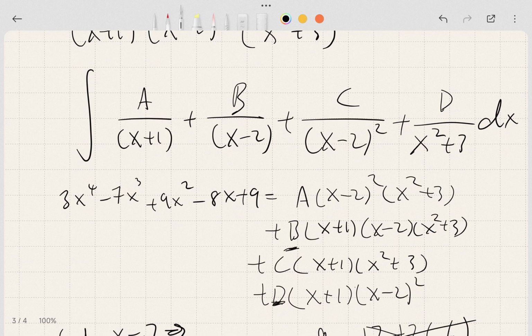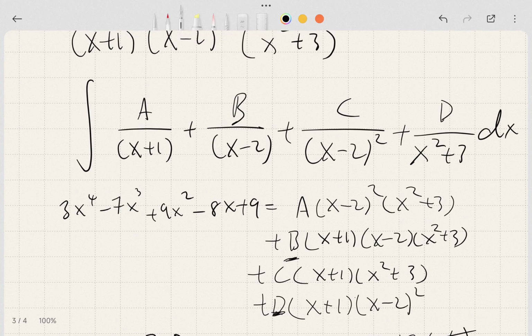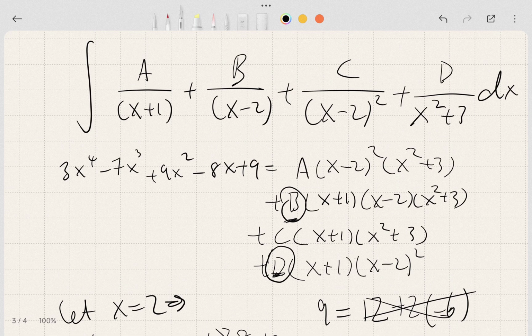We don't know them yet, and we can't assume that they are all the same. I have to solve what B and D are, basically. B and D. And how are we going to go about that? Well, okay, so this is a partial fractions problem.